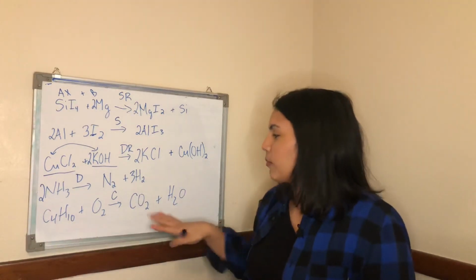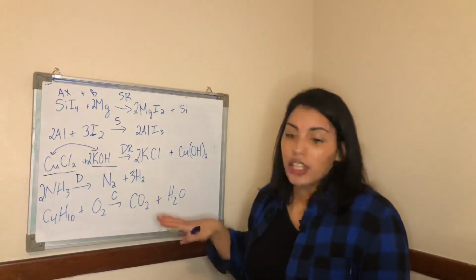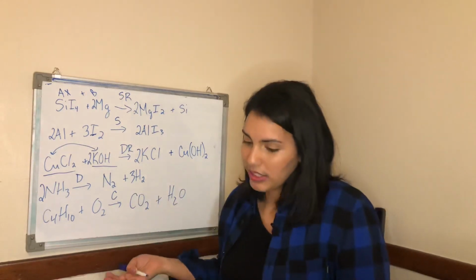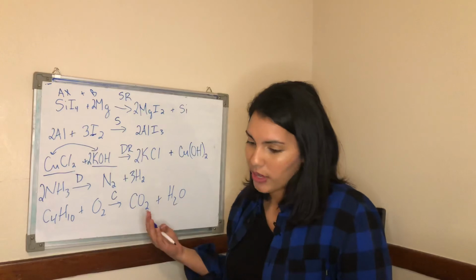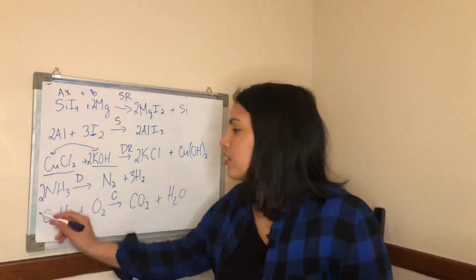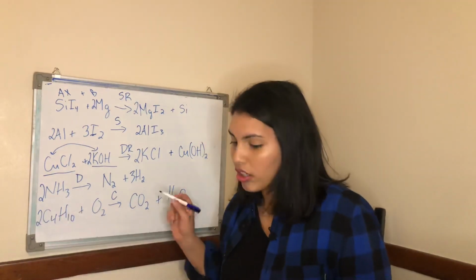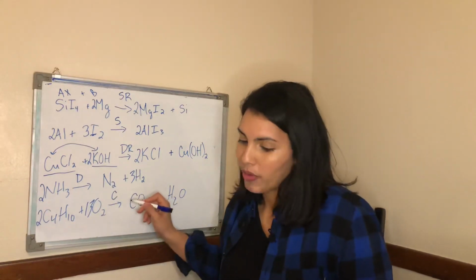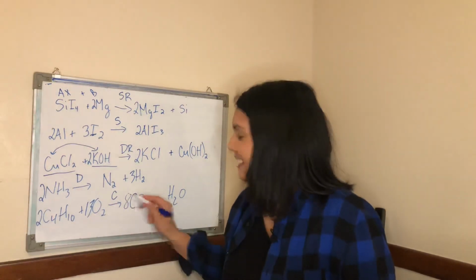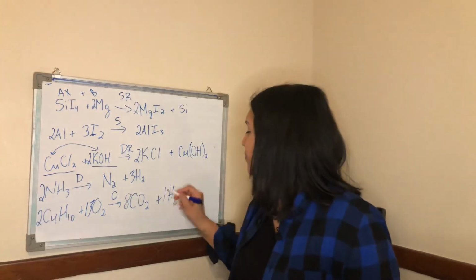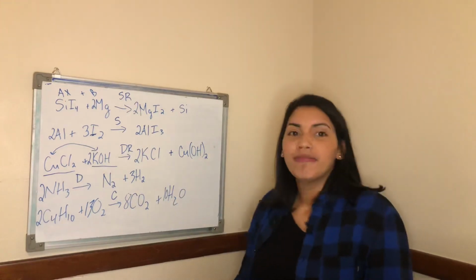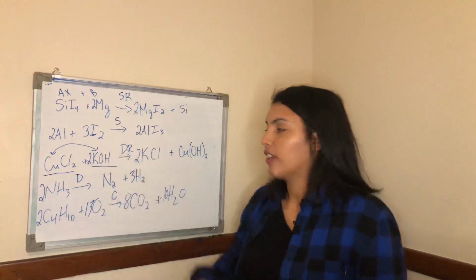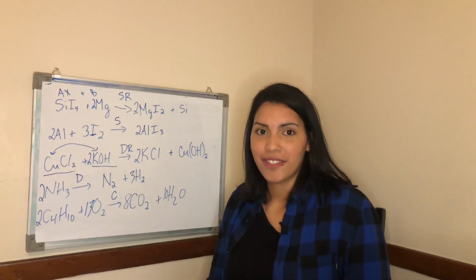So I'll always end up with carbon dioxide and water, and all I need to do is now balance it to make sure that I have the right amount, okay? So this actually ends up being, just because it's a little longer, I already did it out, so I'm just gonna write it down. And 10. Okay? So those are the 5 types of reactions, all right?